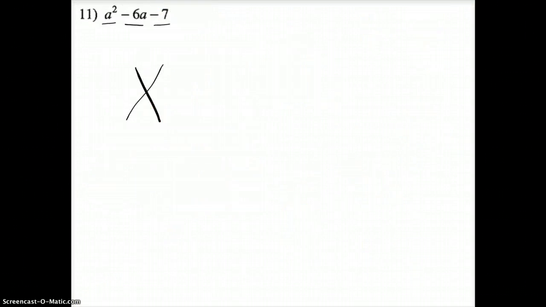Okay, so factoring 3 terms, we went over this briefly, we call these trinomials, because it has 3 terms. A times c, 1 times negative 7 gives us a negative 7, and b on the bottom should be negative 6.